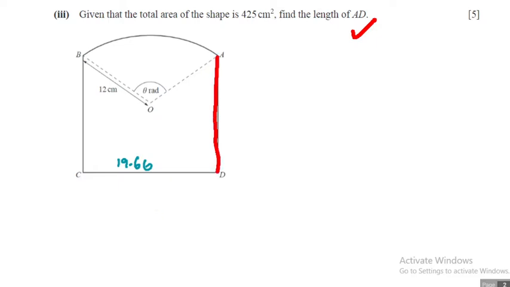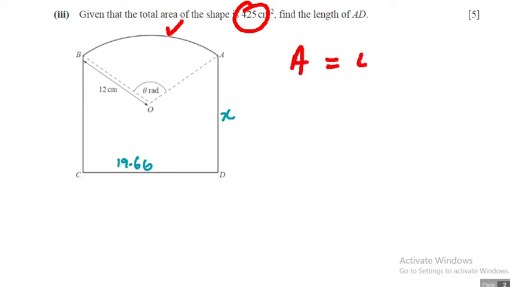This is unknown here, so I'm going to put this as my x, because we do not know that value. But we can form the equation involving the area of the total shape, which equals 425. Let's form the equation first.